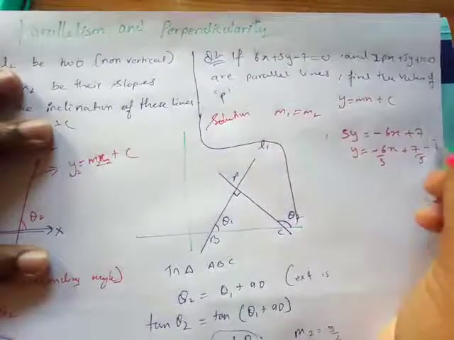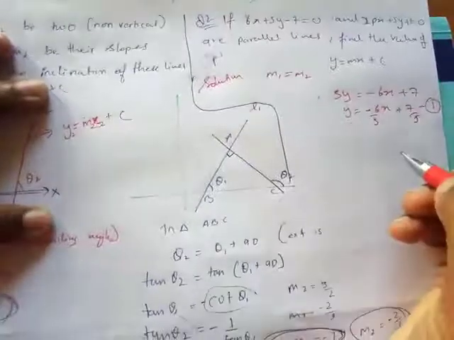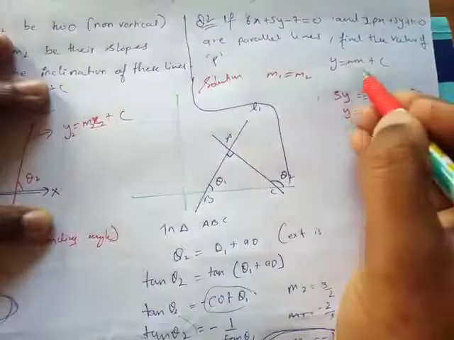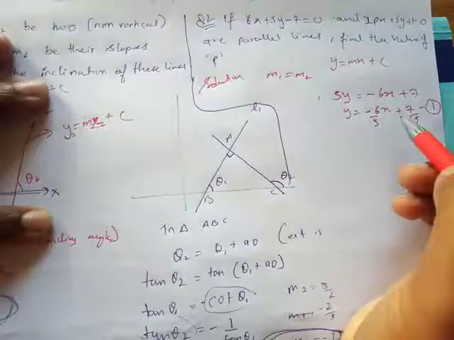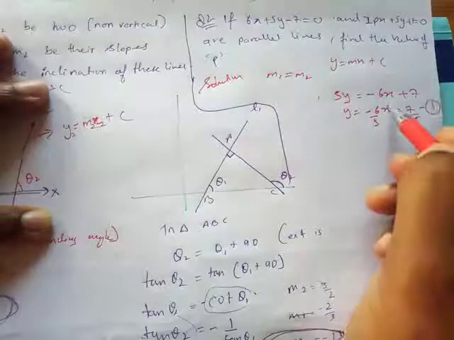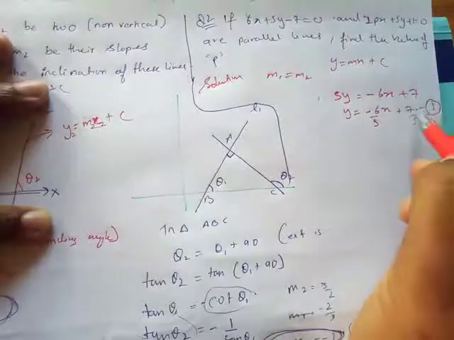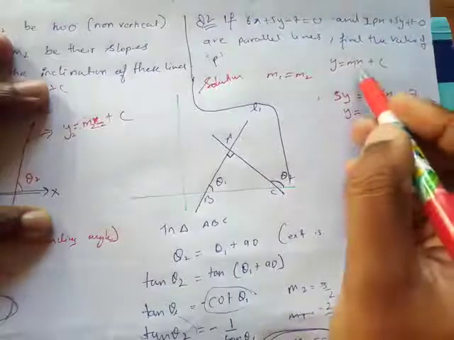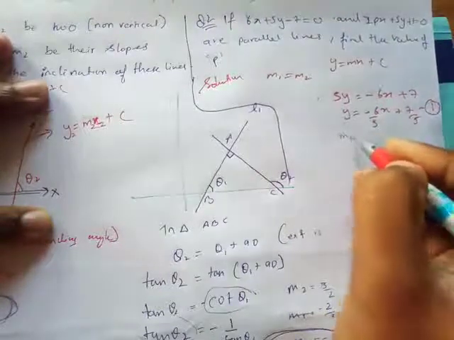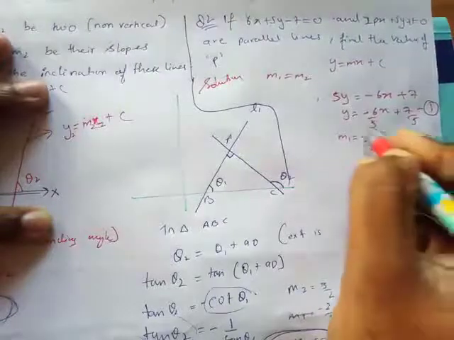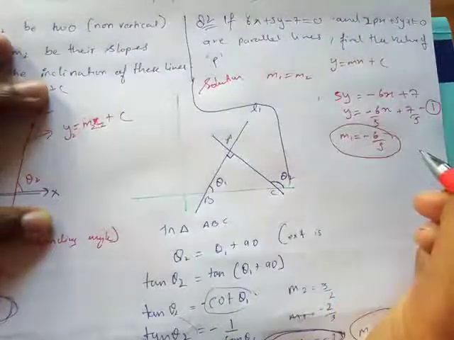This is going to be my first equation. If I compare this with the standard equation, what do I observe? This is x, this is c and this is m. m की जगह किसने लिया, -6/5 ने. So I'll say m1 is equal to -6/5. I hope every one of you agrees.